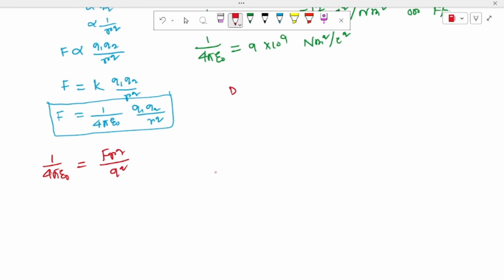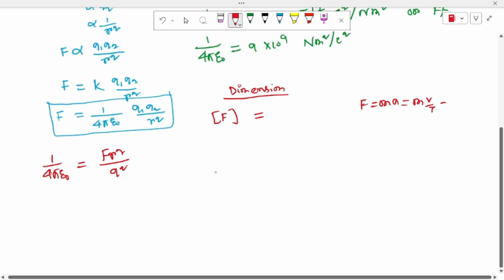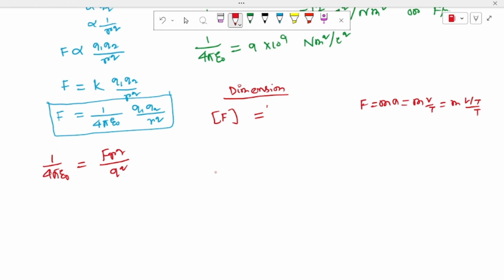So the dimension of force, we know from Newton's second law, force is equal to mass times acceleration, and acceleration is velocity per time, and velocity is length per time. So the dimension of force is M L T to the power minus 2.